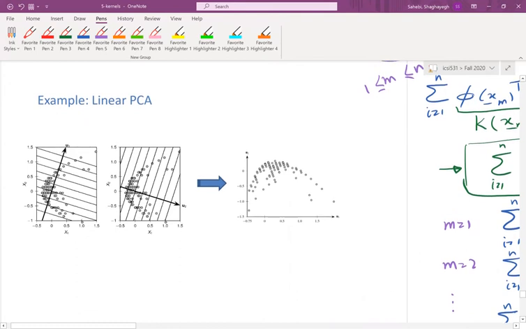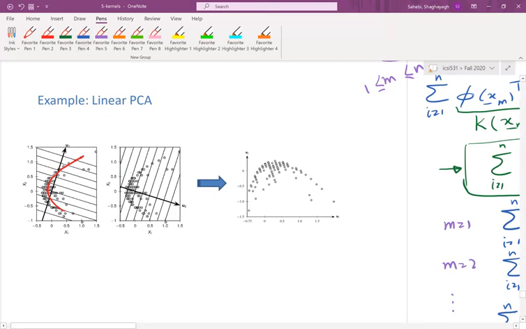So let's look at an example. Again, suppose that this is our data in the original space. You see that we have this kind of a U-shape in our data. If we run linear PCA though, what we are going to get is two lines as our directions, right? A u1 and u2 that are linear combinations of x1 and x2.